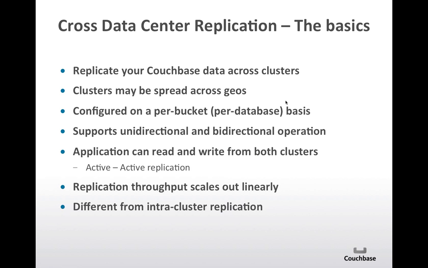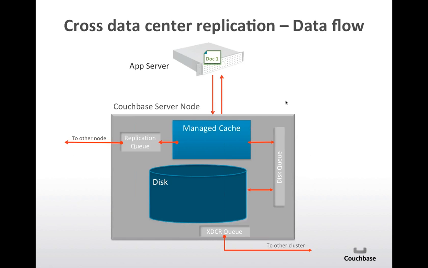One thing to mention here is that cross data center replication is different from intra-cluster replication, because intra-cluster replication works memory to memory, whereas cross data center replication works from when the data gets persisted to disk. Here is an example of the cross data center replication flow on a single node.